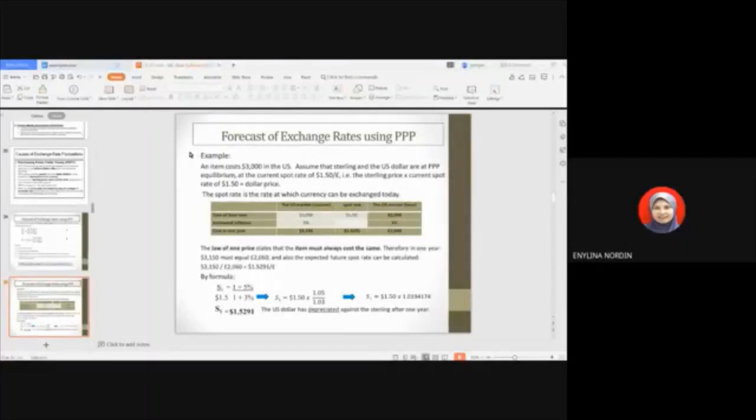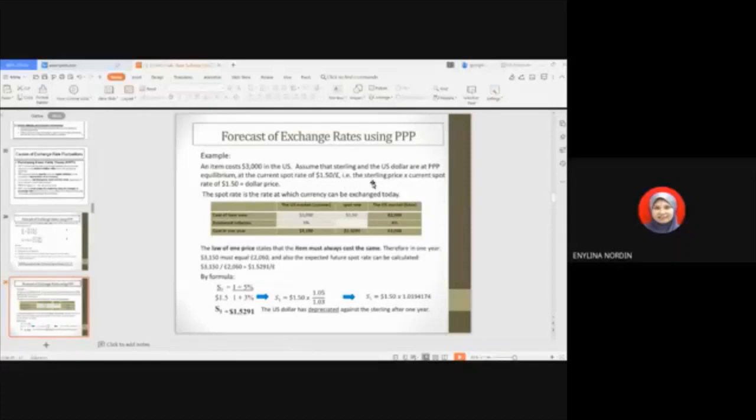You can look at this example. It states that there is an item that costs $3,000 in the US. Assume that sterling and the US dollar are at PPP equilibrium at the current spot rate of $1.5 per pound.